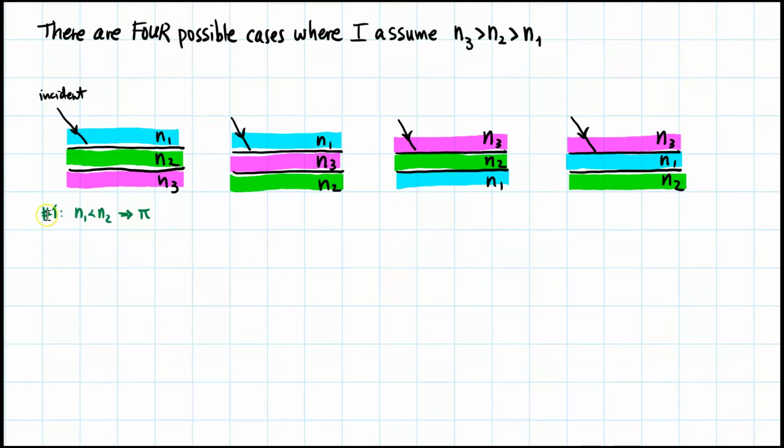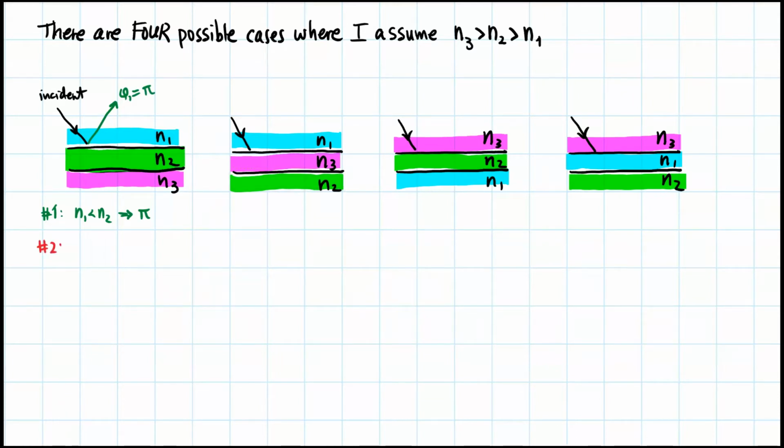When I look at wave number 1, I'm going from N1 to N2, but N1 is smaller than N2, so I'm going from a softer to a harder boundary, so I'm going to get a phase change of pi. So in this case here, this first phase is pi.